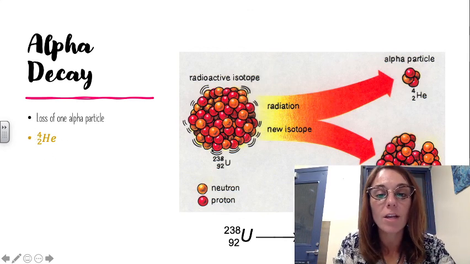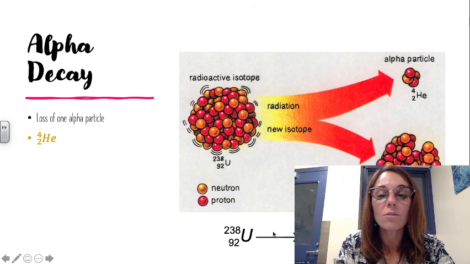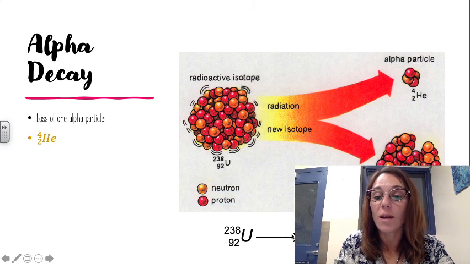So here we have a radioactive isotope of uranium. This is uranium-238. So a way that I can write this is U-238. This represents the total mass. When it goes through an alpha decay, one of my particles is always going to be the alpha particle, so 4,2 helium. The other particle is going to be whatever is left over.